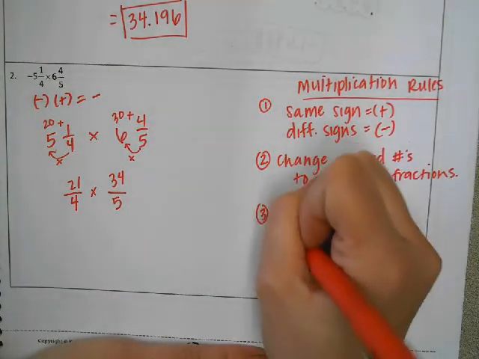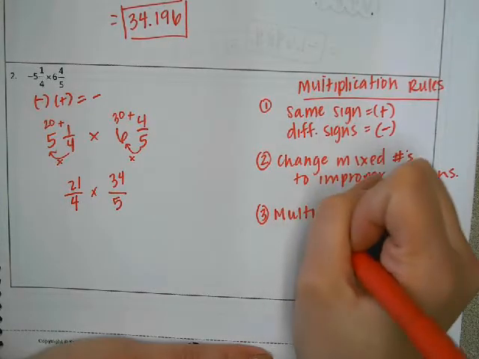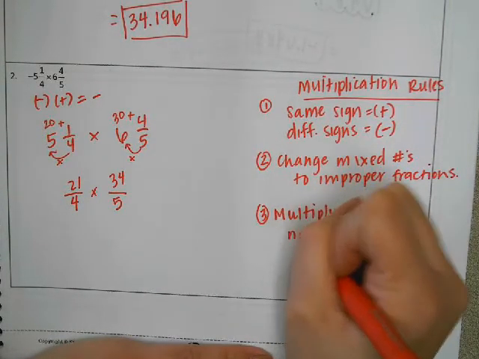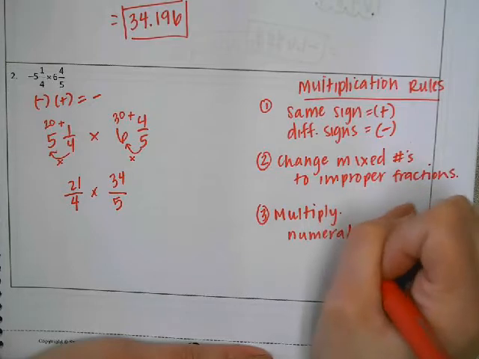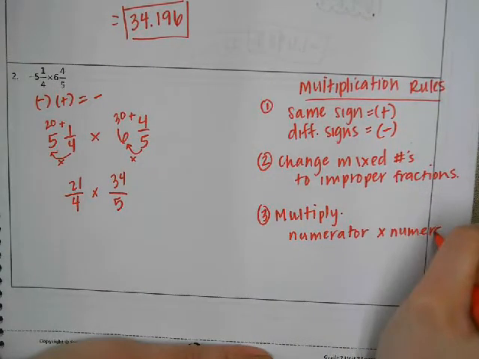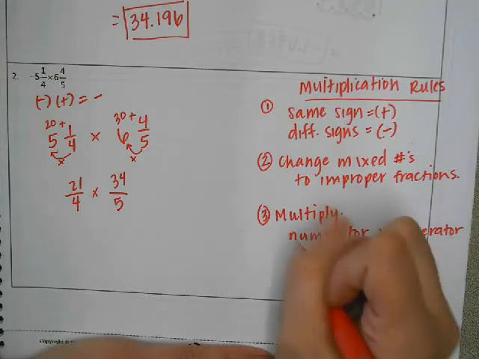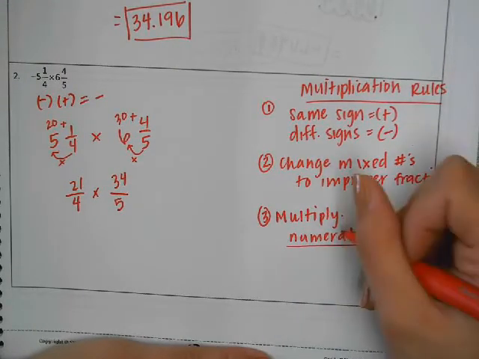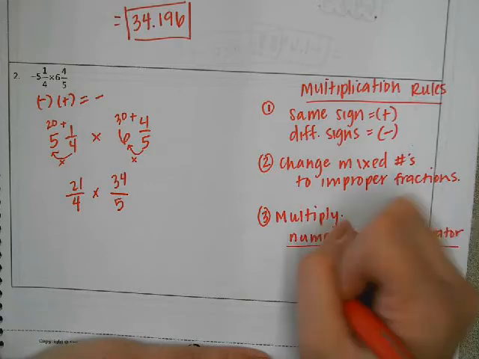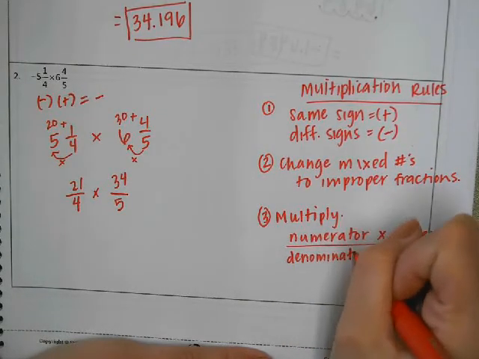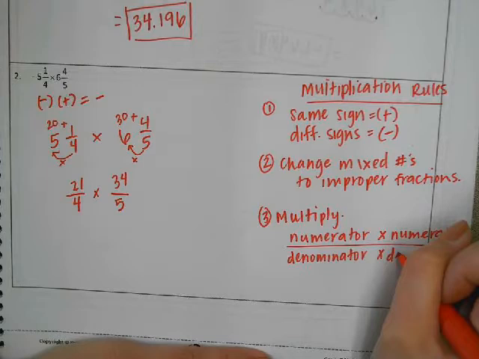Then from here, step 3 is multiply. And what we're going to do is multiply numerator, so the top number, times the other top number. I'll put a fraction bar so you can see. It's top number times top number over denominator times denominator.